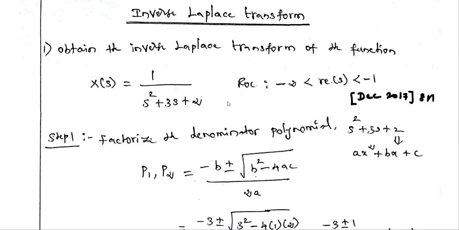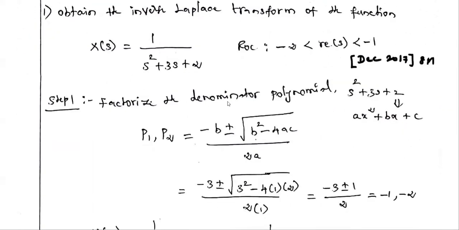The first step in the inverse Laplace transform is to factorize the denominator polynomial. What is the denominator polynomial? s squared plus 3s plus 2. You know that for a second order equation ax squared plus bx plus c, the roots are calculated as minus b plus or minus square root of b squared minus 4ac, divided by 2a.